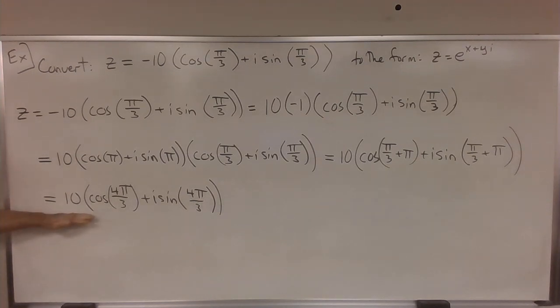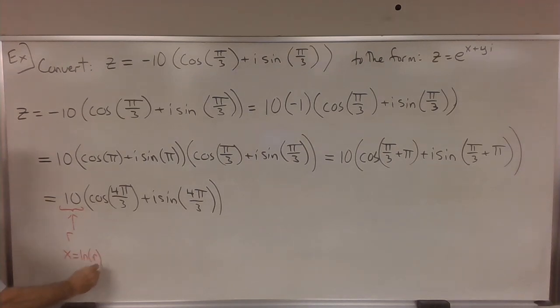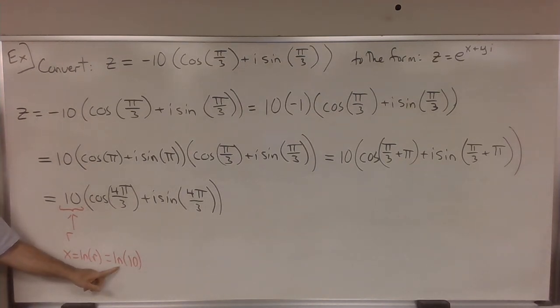And now this really is in polar form. This is r. And we remind ourselves that x equals natural log of r, or natural log of 10. And we like that. Natural log of a positive number, we're very comfortable with that.